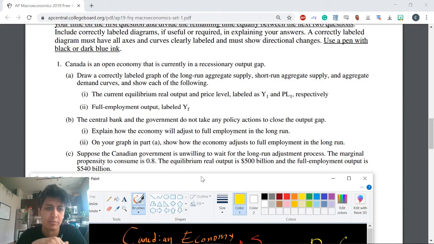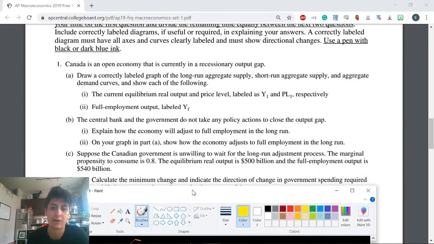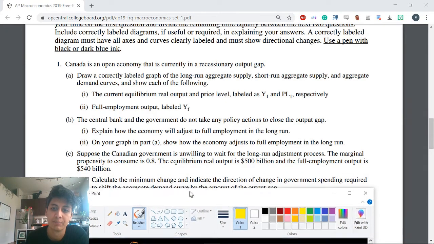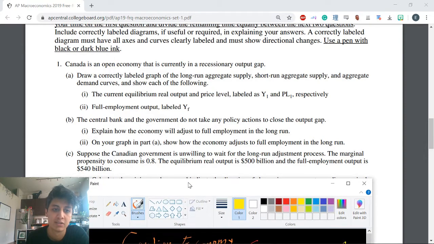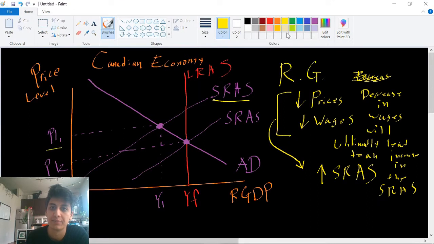It says the marginal propensity to consume is 0.8. The equilibrium real output is 500 billion. And the full employment output is 540 billion. Let's go ahead and label that really quick. Ideally, I would do this on a separate graph, but I don't have a lot of space here.